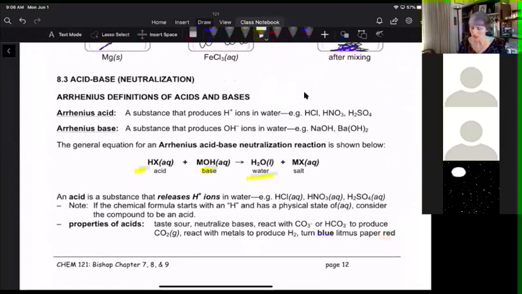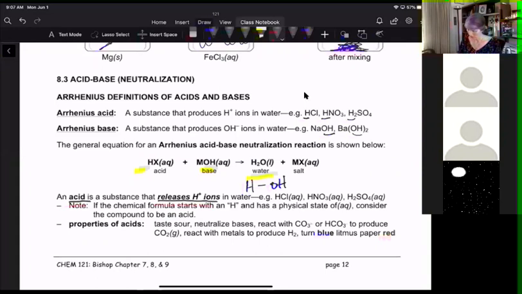In this definition, the Arrhenius definition, it's convenient because we're looking at just the H coming together with the OHs. So we build that water molecule, H connected to an OH. And we will see that's the driving force for acid-base reactions. We did talk a little bit about our definition of acids, I believe in chapter 6, which is that the acid produces H plus in water.